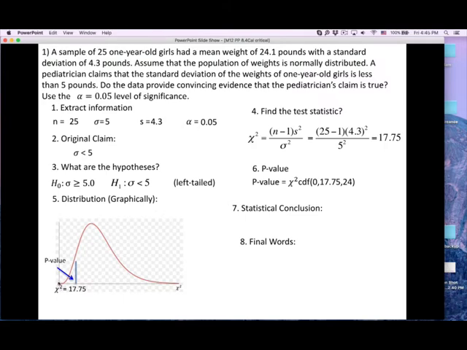Okay, one more time. Make sure you're starting with the 0, not the negative 1e99. We don't have negative values for the chi-square. Okay, so 0, cumulative area from 0 to 17.745, and degree of freedom, that will be n minus 1, which is going to be 24 here. Okay, use your calculator to see what you get.